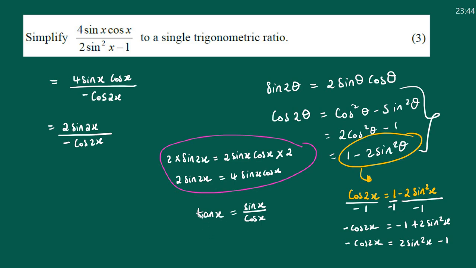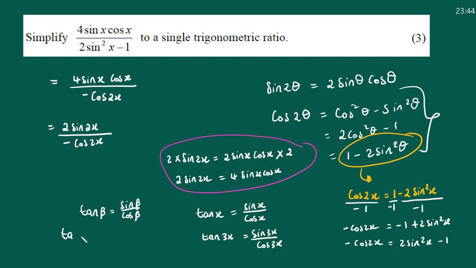Then let's know that even if you play around with it, even if you have tan 3x, you can write this as sine 3x over cos 3x. If you have tan beta, you can write this as sine beta over cos beta.